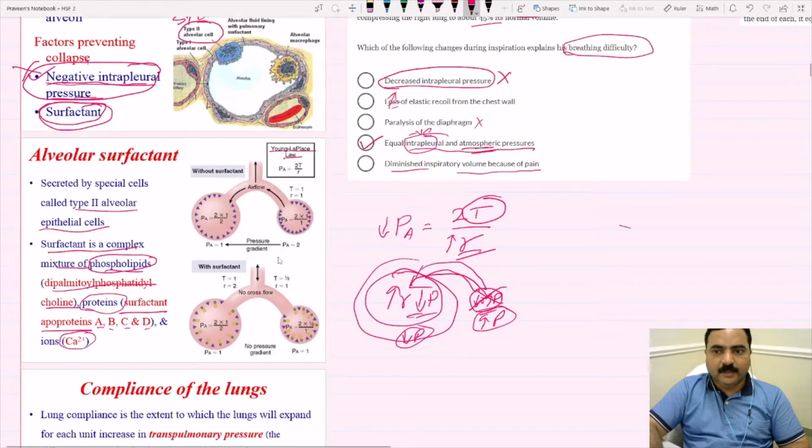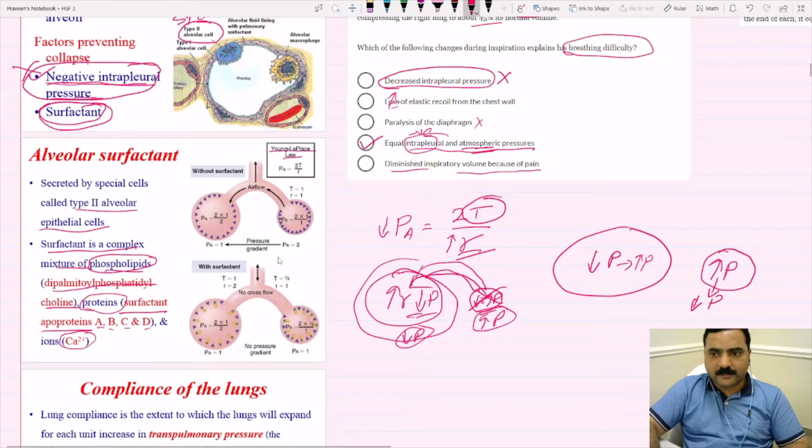So in the big alveolus, compared to the small alveolus, the pressure is low, and here the pressure is high. So the aim is to increase the pressure over here, and here the aim is to decrease the pressure. So in order to do that, what should we do to the surface tension?